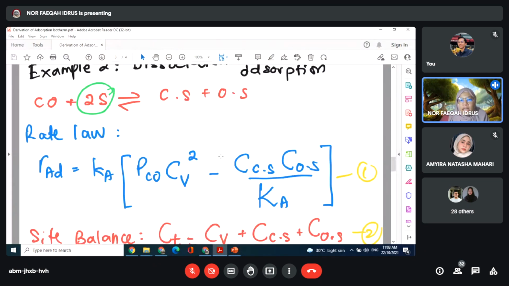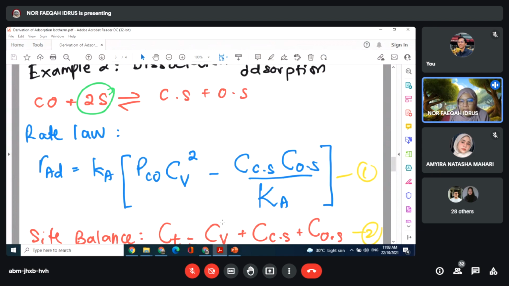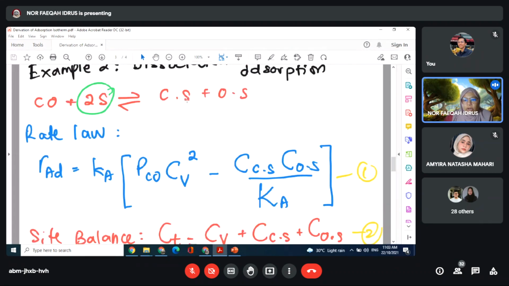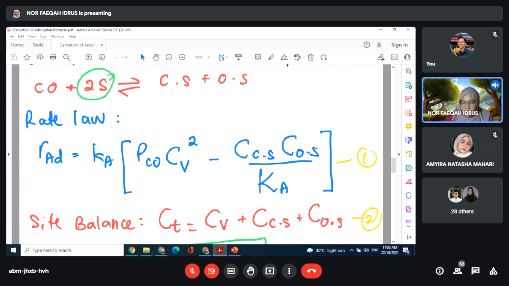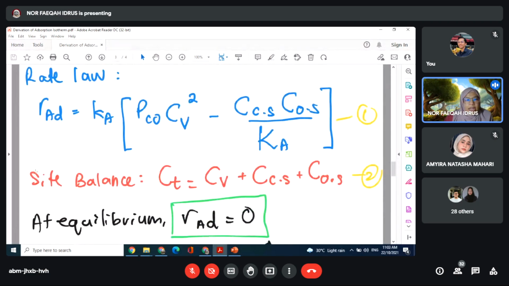Okay, and then site balance CT equal to CV, remember CV is always available, plus C.S, the adsorbed species, which are C.S and O.S. Okay, next, at equilibrium, RAD equal to 0.